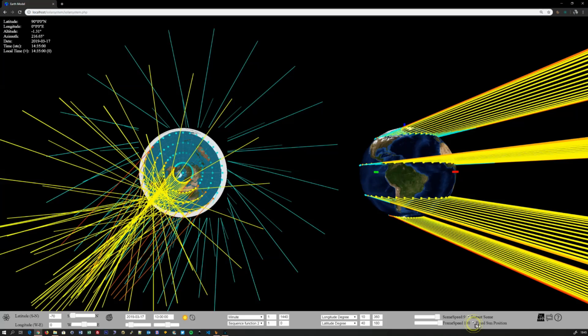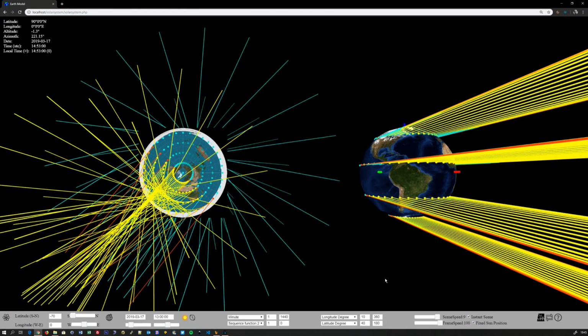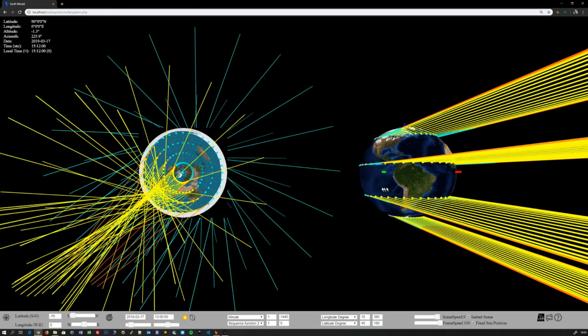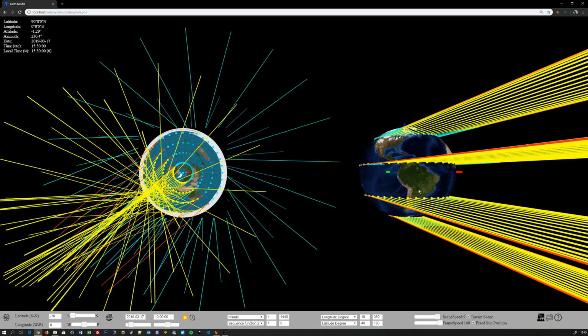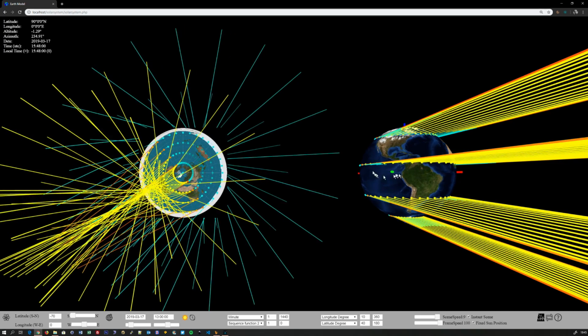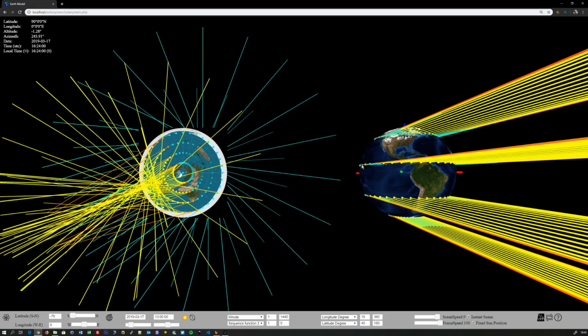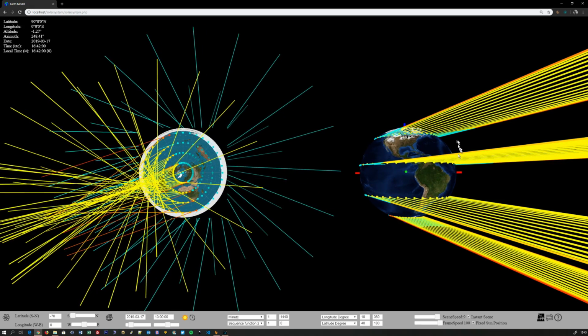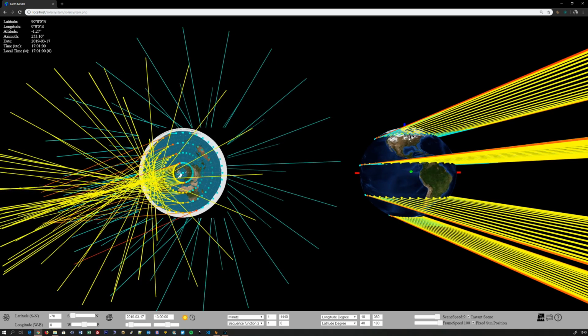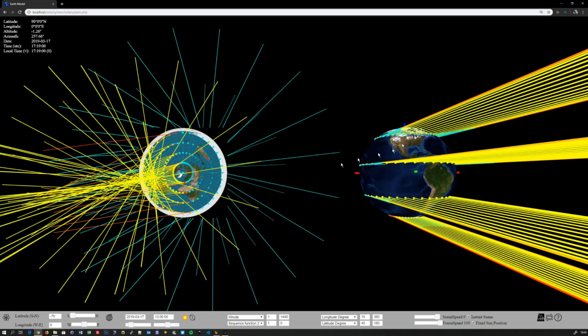Let's fix the sun again to one spot. So the Earth is turning slowly, and while it turns, it's getting light. You see the sun rising. When the lines are red, it's a low red sun, of course.